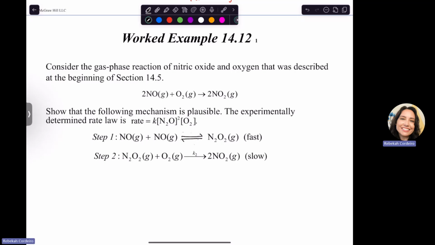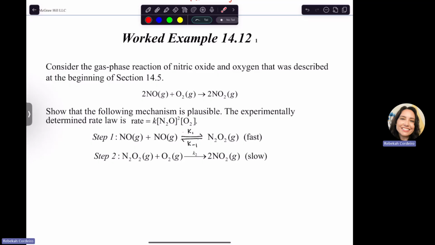We're trying to figure out if this mechanism matches, we've got to figure out how to make this mechanism match this experimentally determined rate law. So give it a try to see if you can figure anything out, and if not, that's okay. This one's kind of tough.